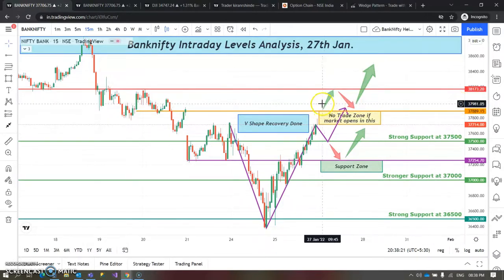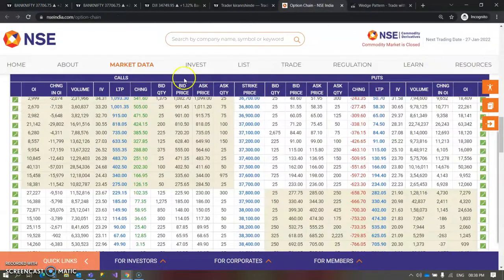If market opens above this particular level which I have marked, then we can see a good rally, a small retracement, and then we can see a big rally. So why am I saying 38,000? Let me show you in the options chart. If you look at this 38,000 on the call side, we can see this 72,000 contract, of which change in OI shows minus 35.